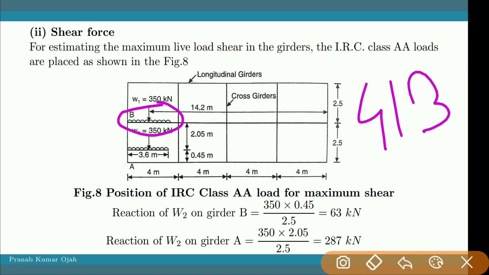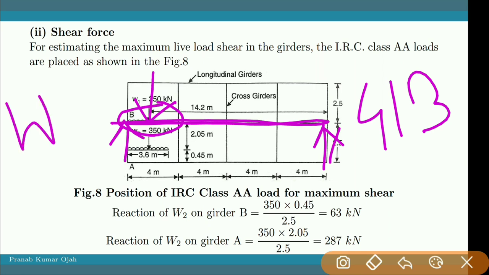Now if you see in this direction, this is a longitudinal girder. What will be the support reaction here and here, and the point of application of load is here.